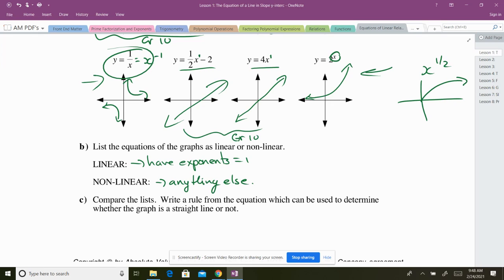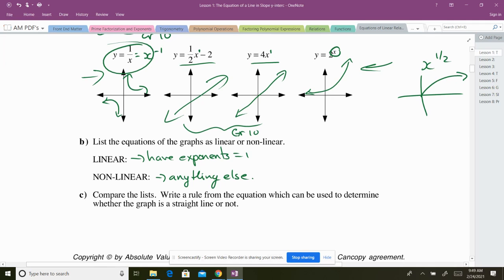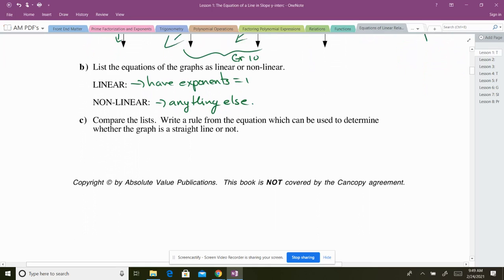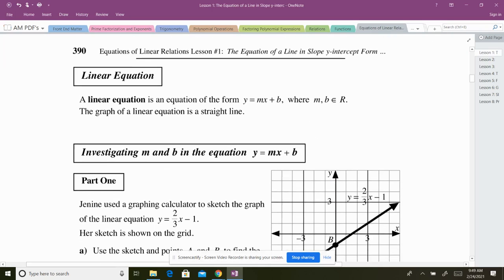If it's anything else, it's nonlinear and not part of this course. All right. We okay with that? Going once, going twice. To the next page.